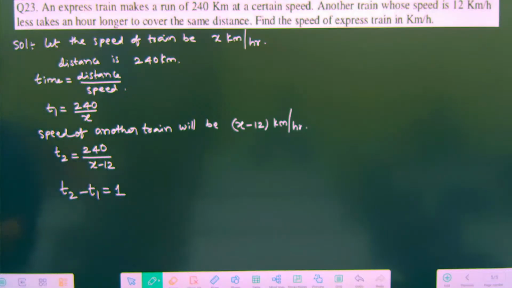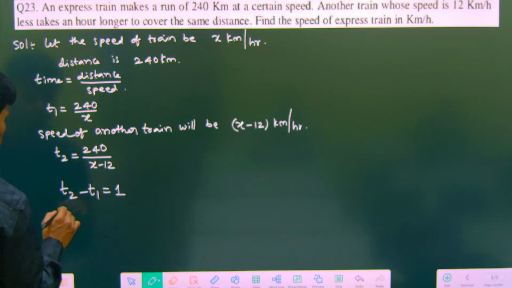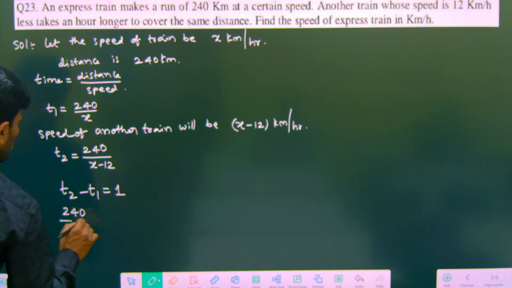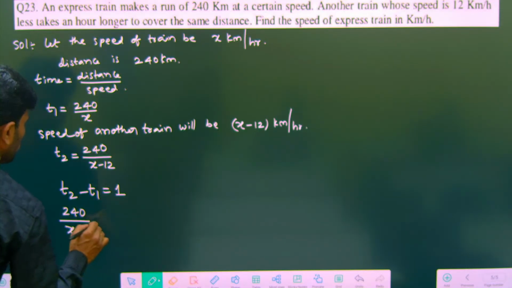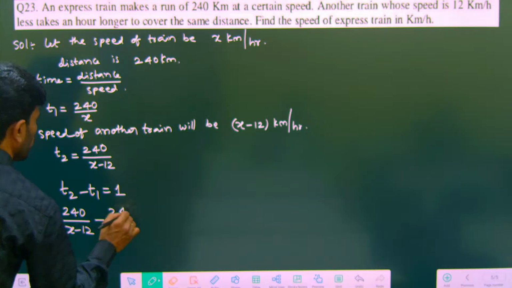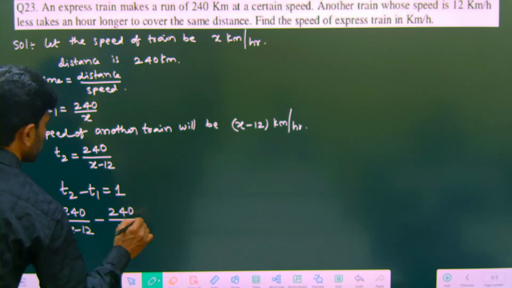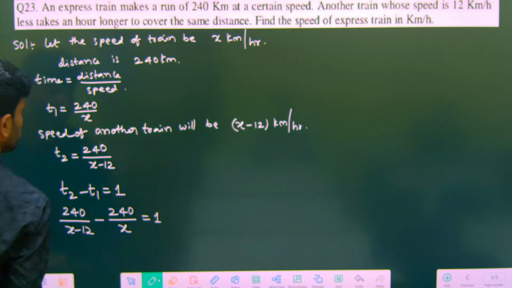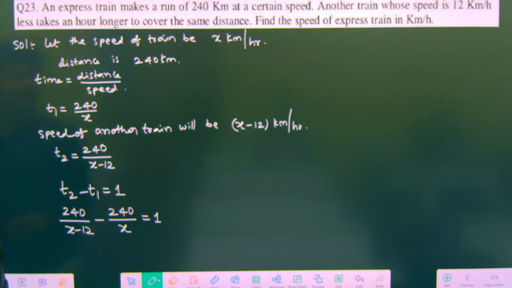Again T2 is 240 by x minus 12 minus 240 by x is equal to 1. Second case time minus first case time is 1 hour, that's why we subtract both.